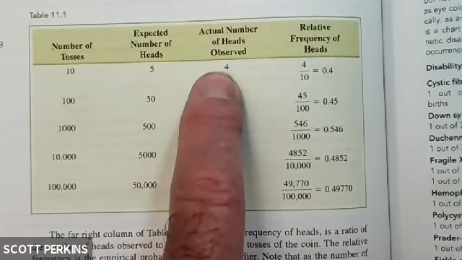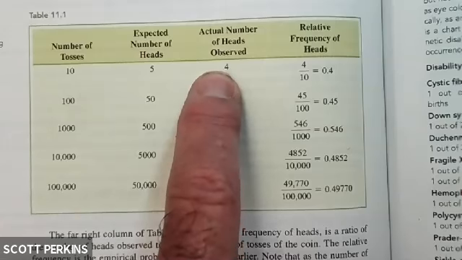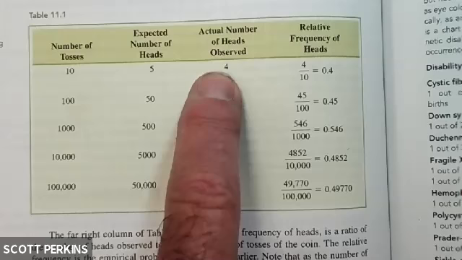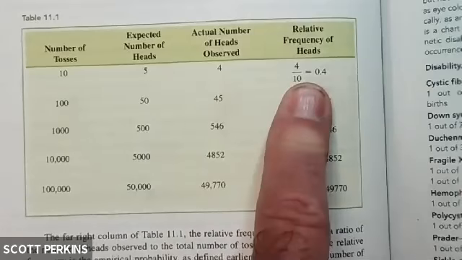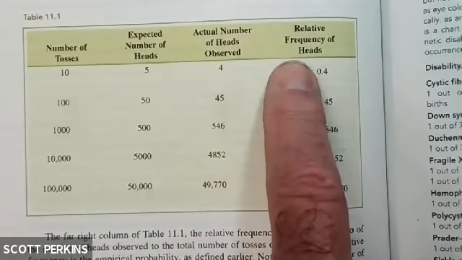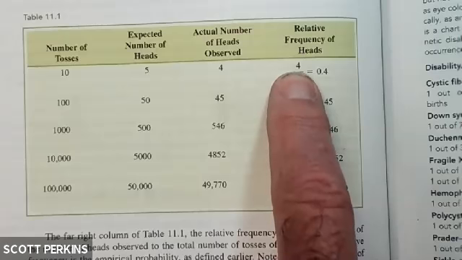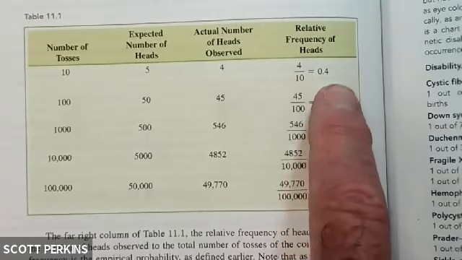So it's only one different, but because I've only flipped the coin 10 times, that one difference is significant. It's 1 time out of 10. It's 10%. So missing the mark by 1 time leads to an empirical probability of 4 heads out of 10. That's 40%.